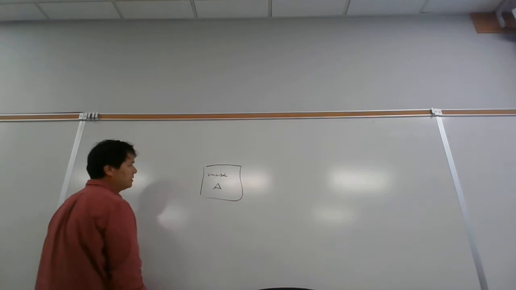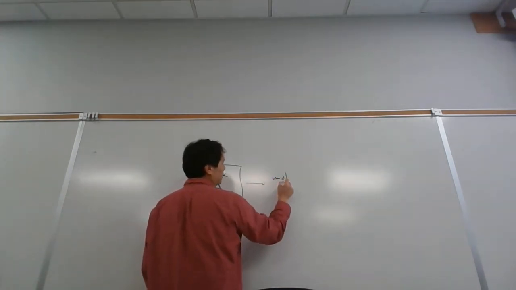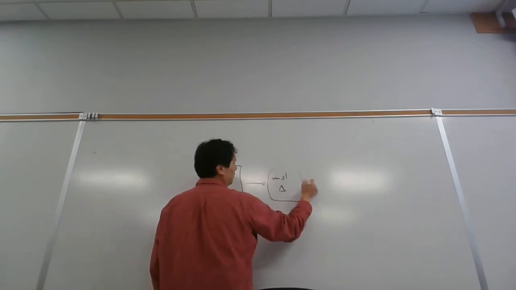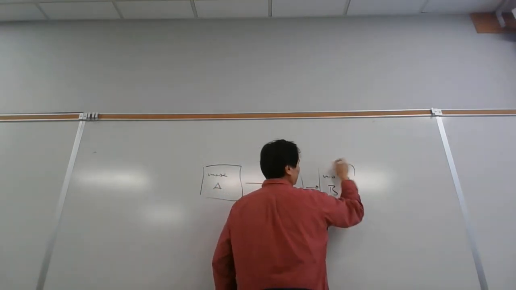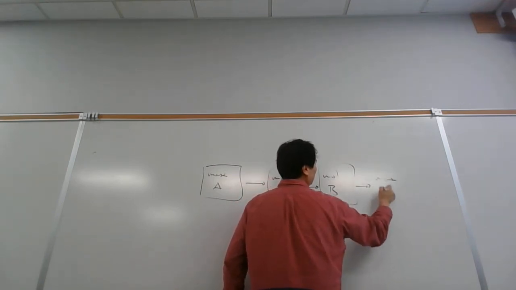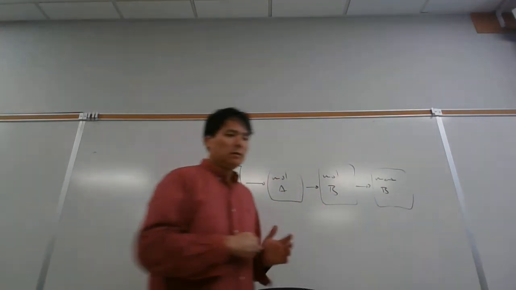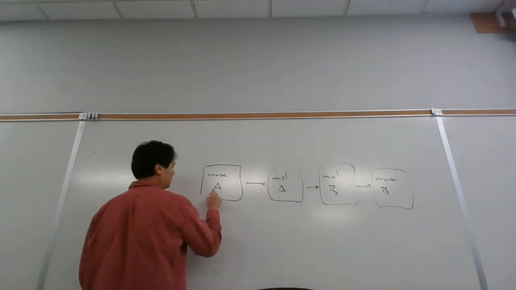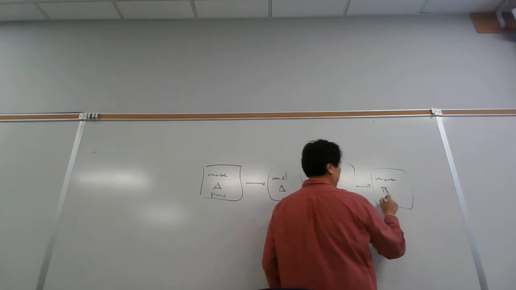So this is the mass of A. We go from mass of A to moles of A, moles of A to moles of B, and then moles of B to mass of B. But when we're doing stoichiometry like this, this is pure A, and this is pure B.